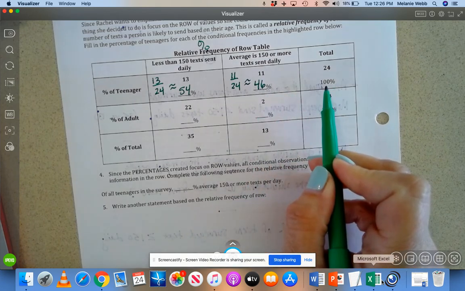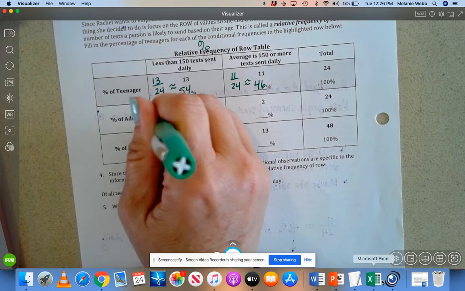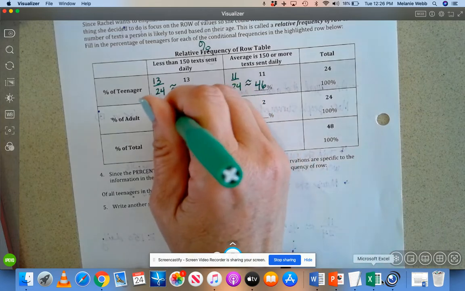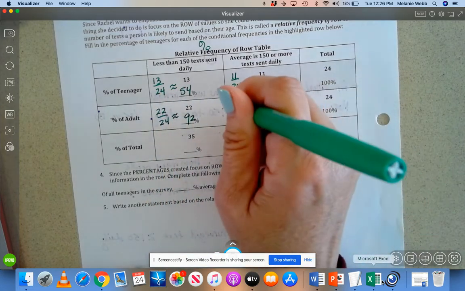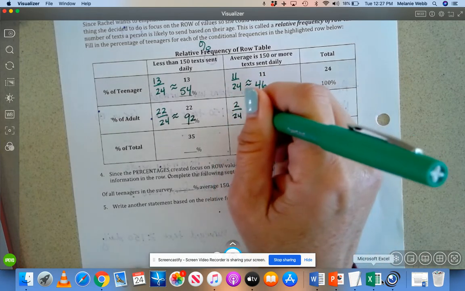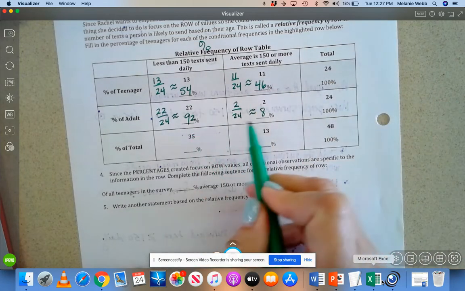Okay, then she can fill it in for adults. So 22 out of 24 adults is about 92%. And then 2 out of 24 adults is about 8%. So see, 92 plus 8, 100%.